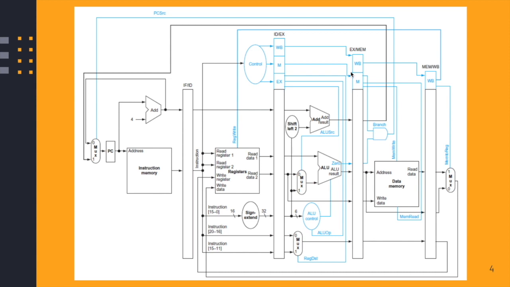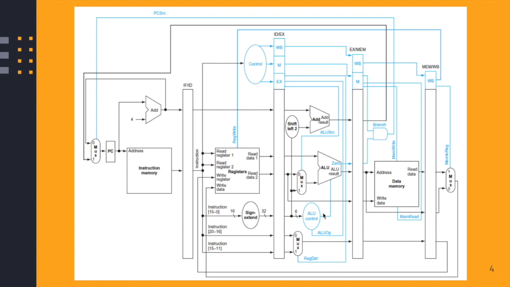In the ex/mem register, I will only store the control signals needed in the memory access and the write back stages. And after I finish the memory access stage and use the control signals needed in this stage, I will discard them and I will only store in the mem/write back pipeline register the control signals needed for the write back stage.